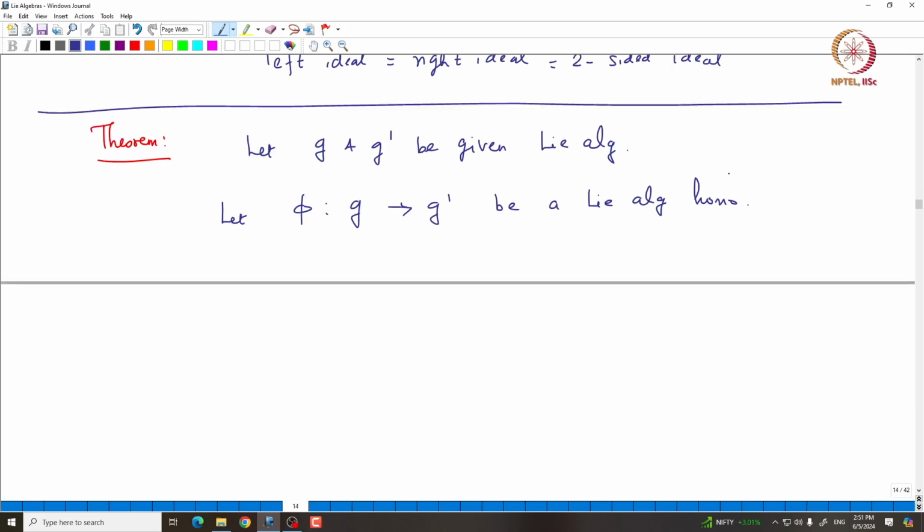So, once we have this Lie algebra homomorphism, we will be able to define the following objects. The very first object is what is called the kernel. The kernel is defined as it is for C-linear maps. This is those x in G such that when you act pi on that x, that should be 0.